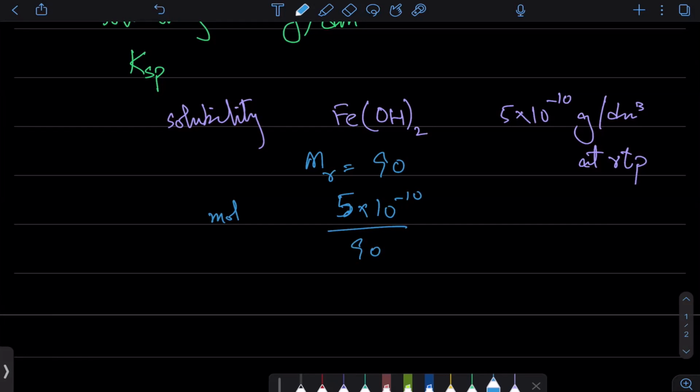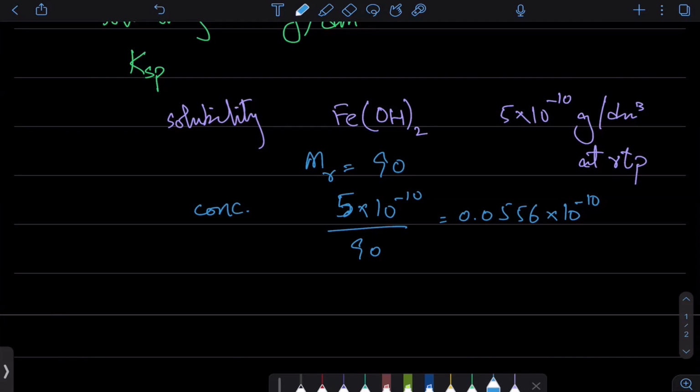So 5 divided by 90 is 0.0556 into 10 power minus 10. Okay, so that's my answer for the concentration in terms of solubility here. So this is the concentration of iron 2 hydroxide that is actually dissolved.